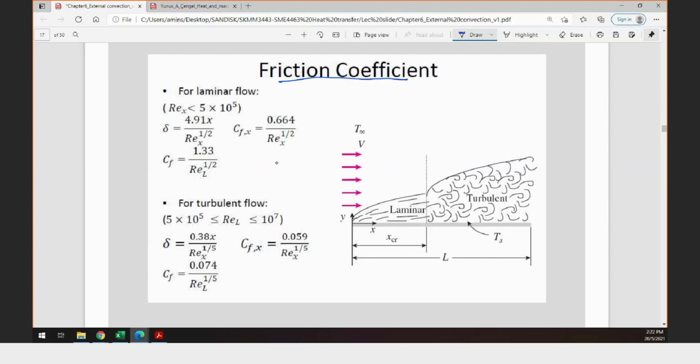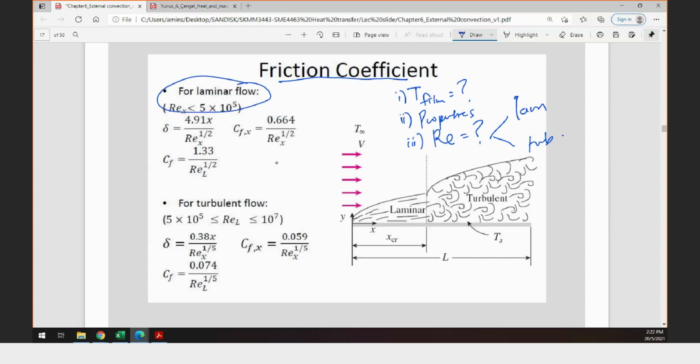Because from the Reynolds number, first you need to calculate the film temperature. Okay, and then you need to find the properties. You need to calculate the Reynolds number. Then you know whether it is laminar or turbulent. Okay, then you can choose which one.